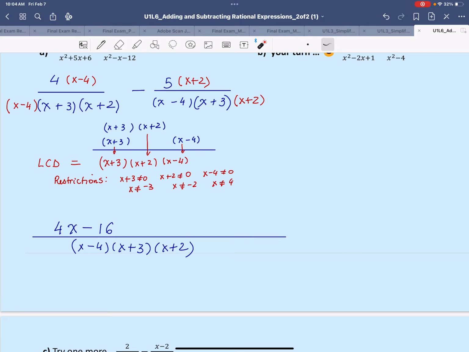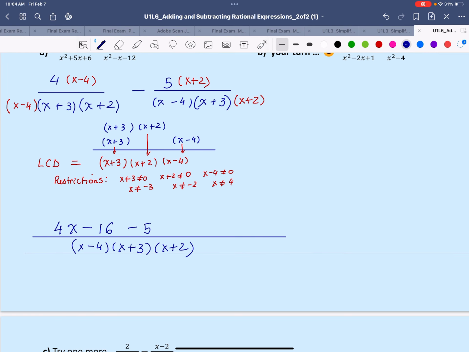And here we have 5 times x plus 2. Now remember, when you have a minus before the fraction, it means that every term in the numerator will have a minus, which means that we can give the minus to 5, so negative 5 times x, negative 5 times 2.